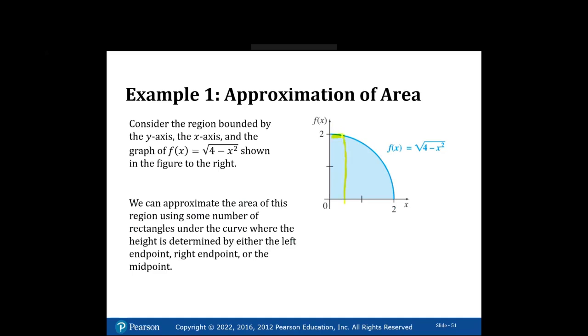So I can chop it up into rectangles and then find the area of those rectangles. And that's going to approximate my area. And I can choose the height of these rectangles either by the left endpoint, the right endpoint, or the midpoint.